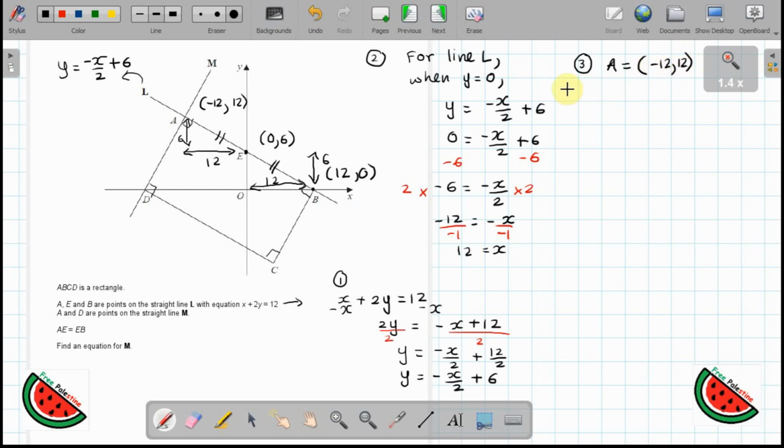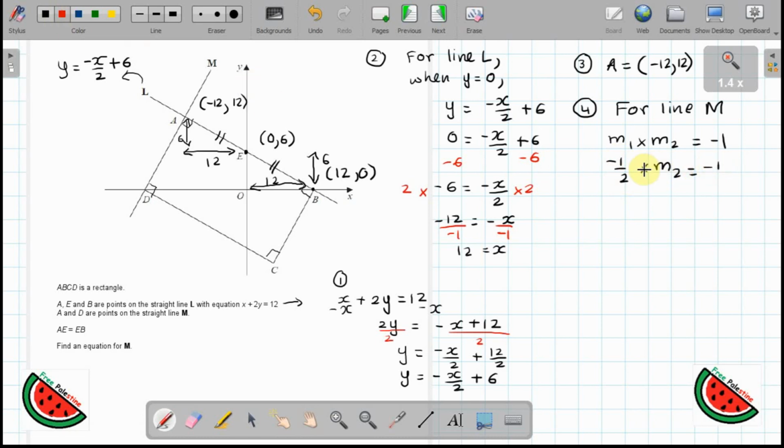Done that. Now, fourth point for line M. Again, perpendicular lines, we know that their gradients multiply to give you minus 1, or they're negative reciprocals of each other. m1 will be the gradient of line L, which is minus a half. So minus a half times m2 equals minus 1.